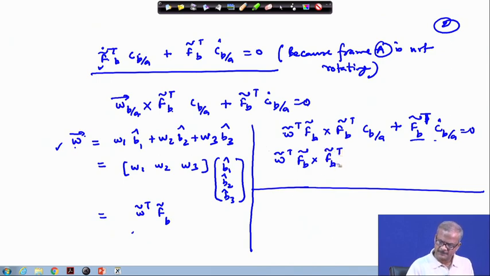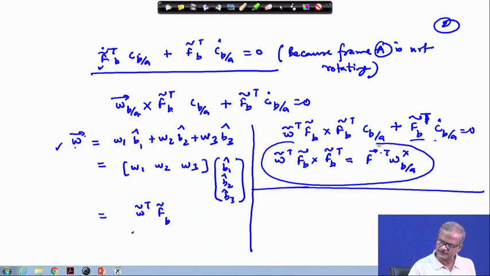This quantity we can rewrite as f transpose omega b slash a cross, and this we can show. Let us do this on the next page, maybe that will be appropriate. Okay, we will go to the next page.